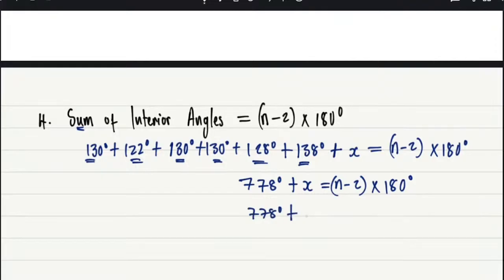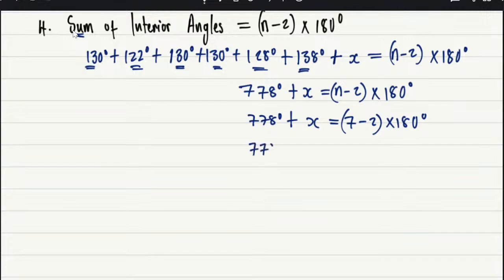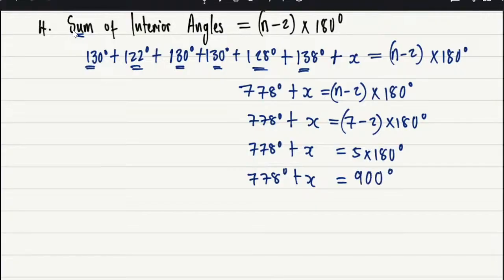So it will be 7 minus 2, because it has 7 sides, times 180 degrees. Now you say 778 degrees plus x is equal to 5 times 180 degrees. What is it? 900 degrees.